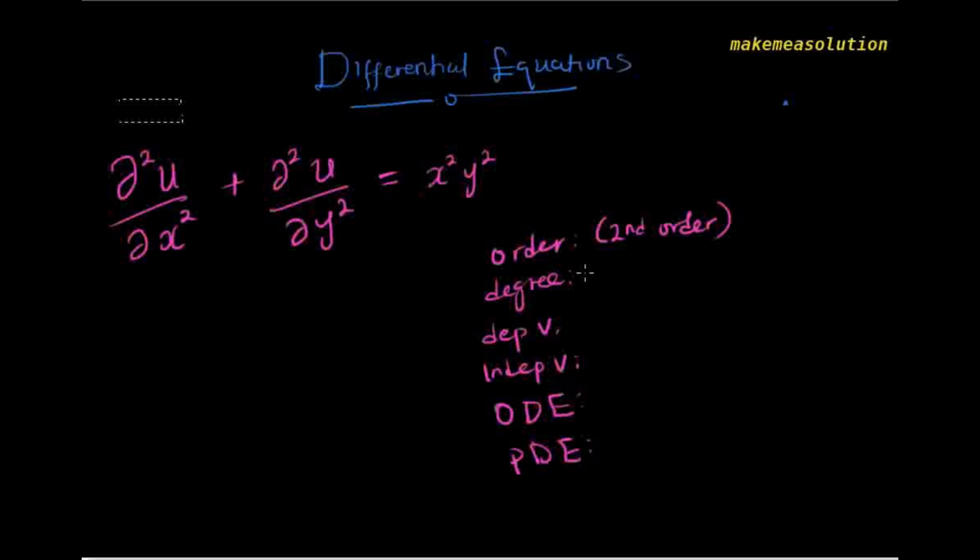That's how you get your order. The degree is the power of the highest derivative. Both this term and this term contain the highest derivative, and they both have the power of 1. So this is first degree.